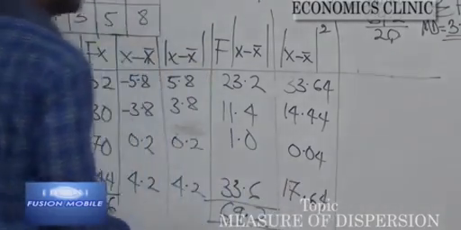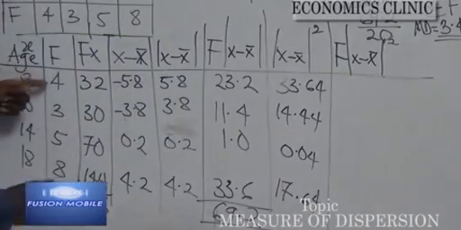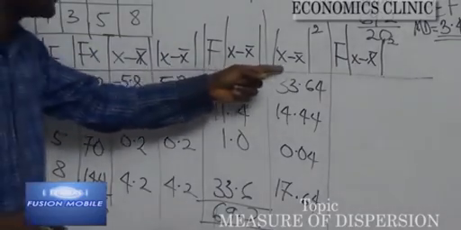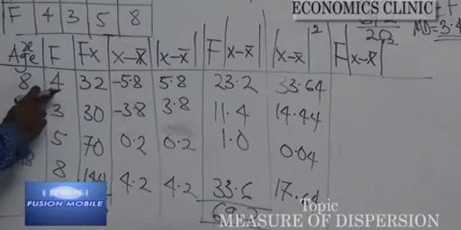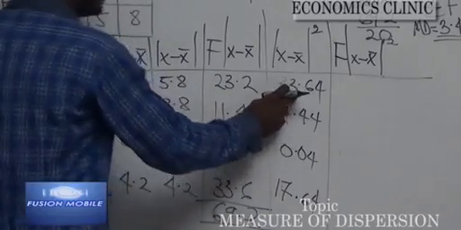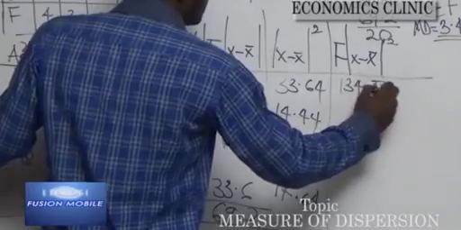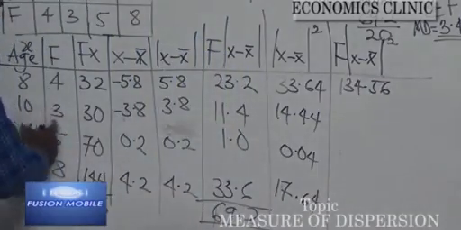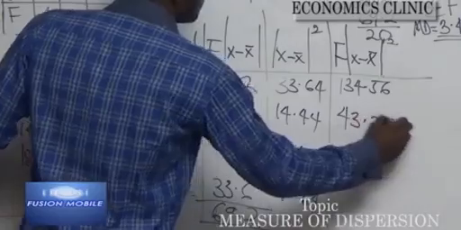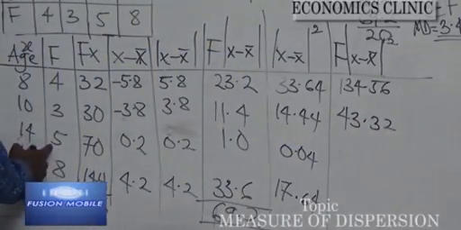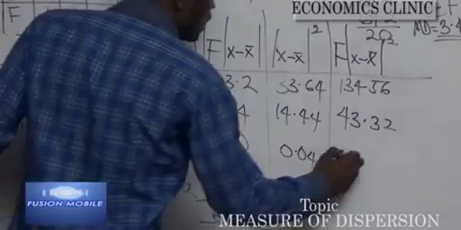Now we are solving for f modulus x minus x bar raised to power 2. So we get the value for f times modulus x minus mean raised to power 2. So we have 4 times 33.64. That will give us 134.56. For 3 times 14.44, we have 43.32. 5 times 0.04 gives us 0.2.